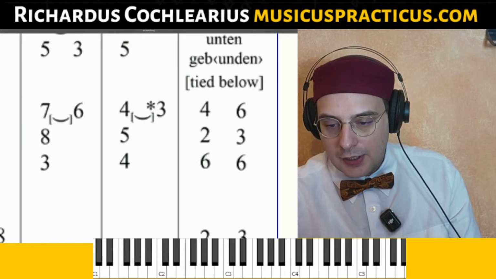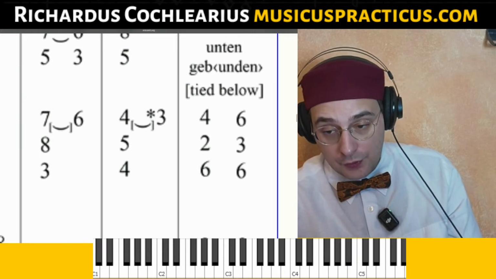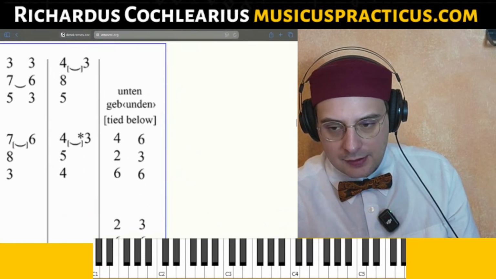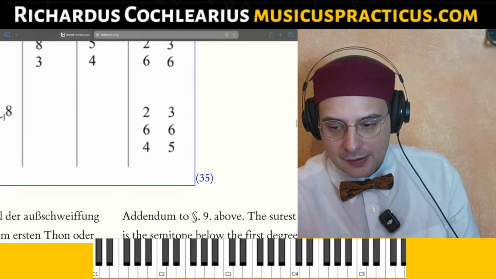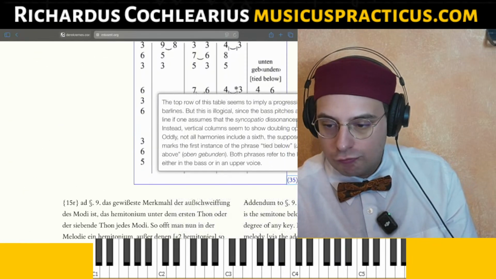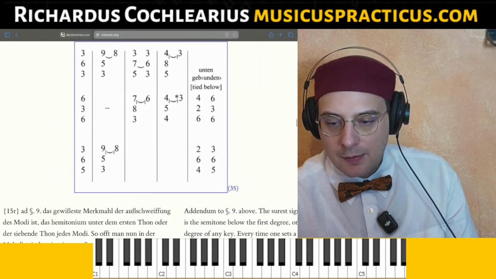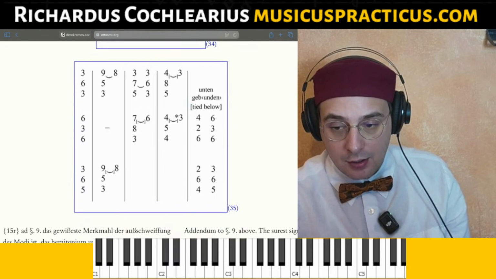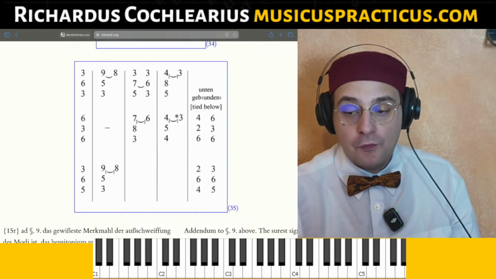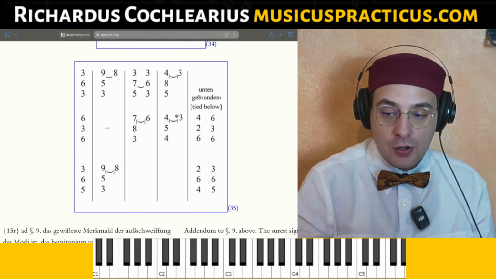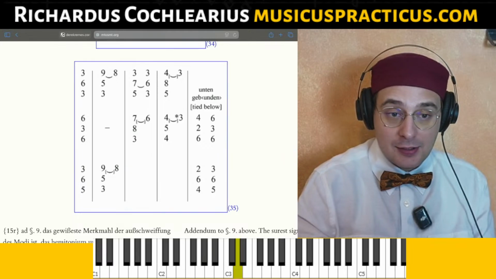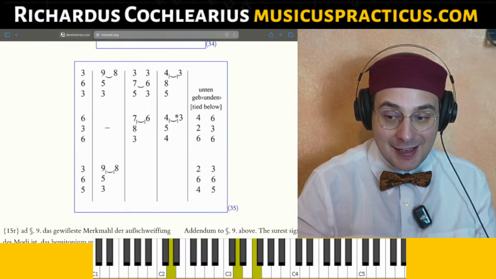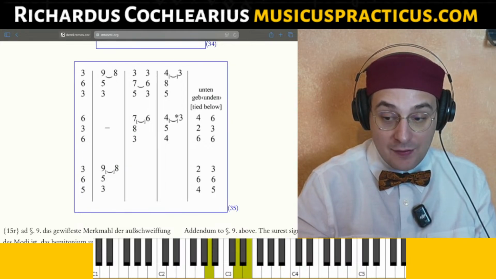Here, this is quite strange because we have 4, 5, 4, 3, so a little weird. Let's see, is there any, because there is an asterisk. No, okay, because 4, 5, 4, 3, very strange. 7, 6, so 3, 8, 7, 6, then 4, 5, 4, 3.